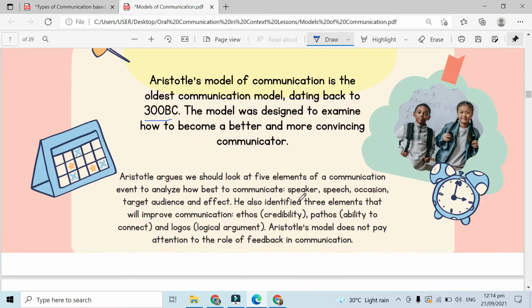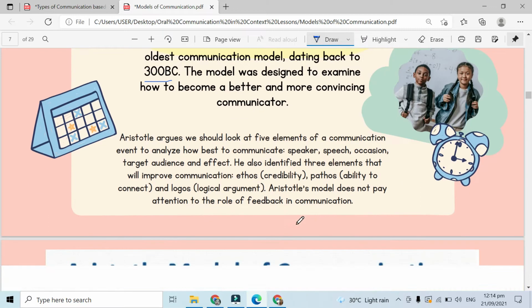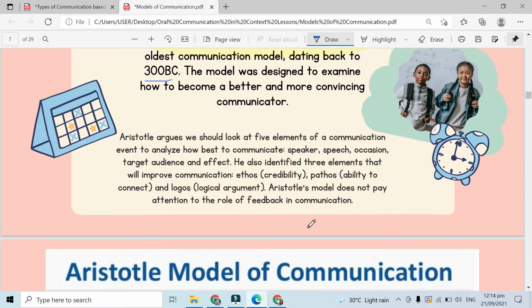And here, Aristotle identified three elements that will improve communication. The first one is the ethos, or the credibility of the speaker, the pathos, or the connection of the speaker to the audience, and the logos, or the argument.